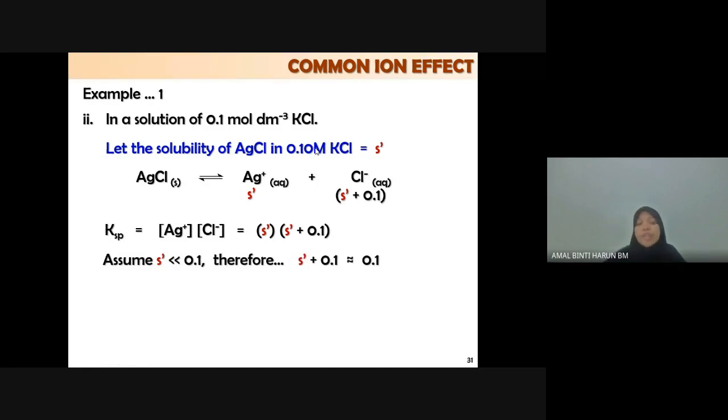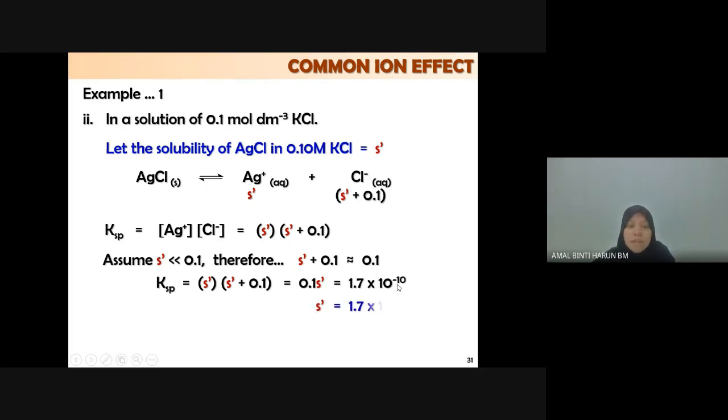Now, we substitute the concentration dalam KSP. Kat sini, disebabkan eksponen negatif 10, maksudnya dia punya dissociation, salt tu sangat rendah.